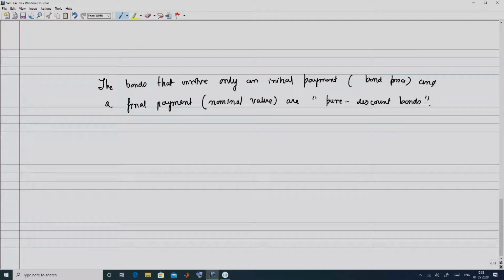So, the reason that they are called pure discount bonds is that you make an initial payment, say you make a payment of 100 for a period of 5 years, and then at the end of 5 years you receive 150. So, if you take 150 and divide by 1 plus 0.1 into 5, then you get 100.